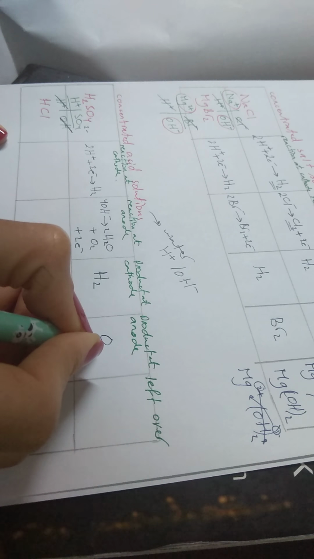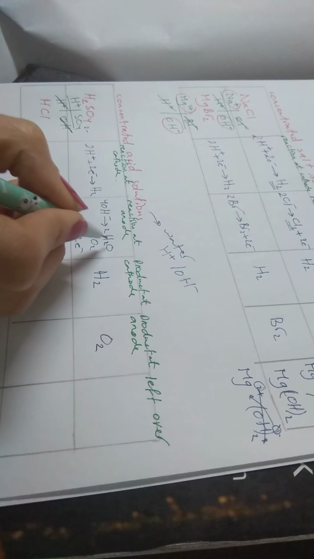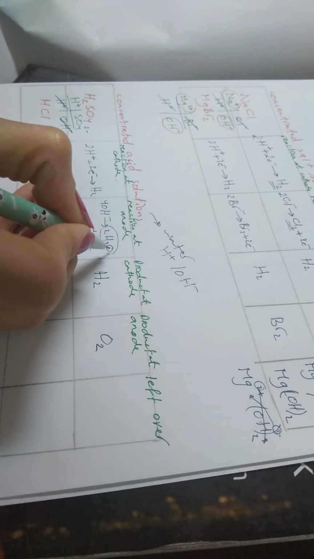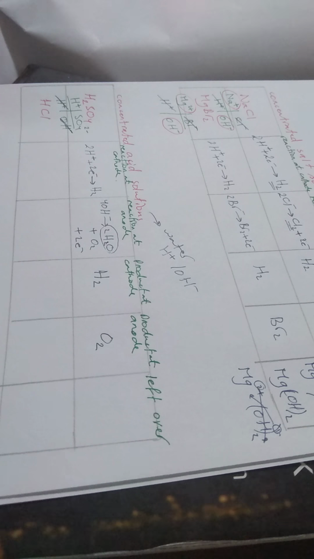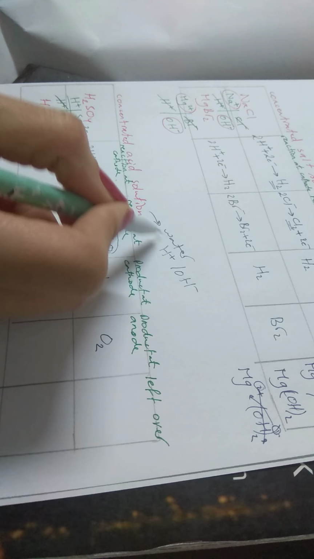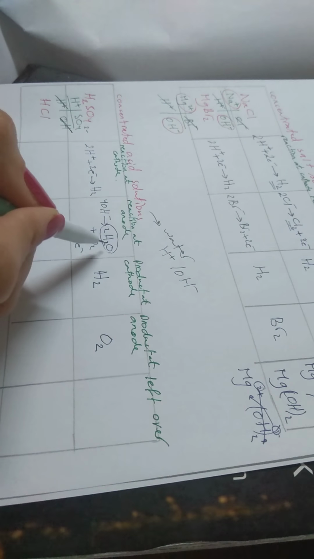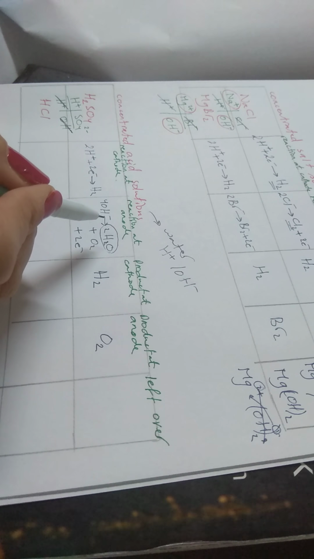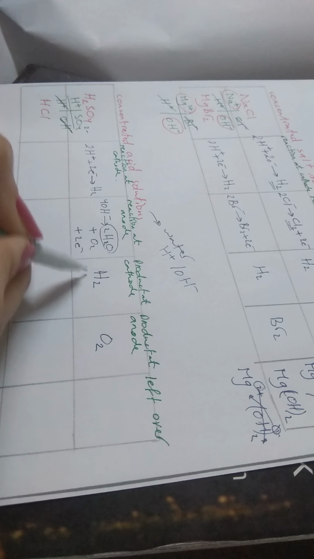Okay, now the product at the anode is O2. Why don't I choose the H2O? Because it will stay in the container. We are just adding more water, so it is in the container. So H2 and O2 are the products.